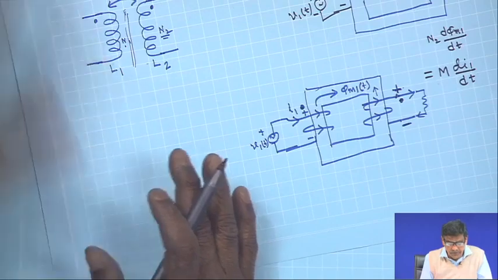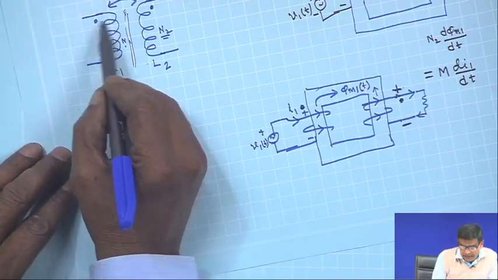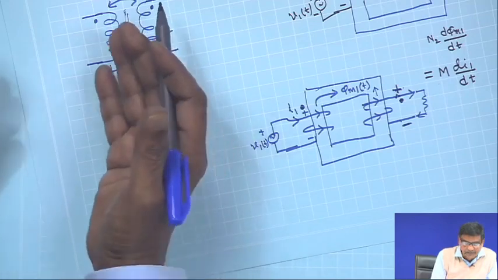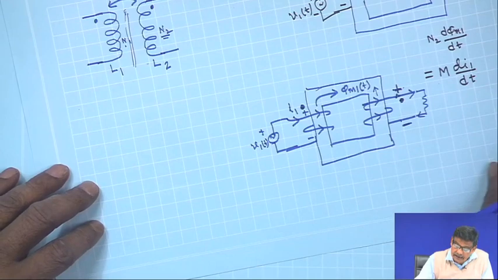From this diagram you cannot find out the sense of the winding. Anyway, dots are provided, I am happy with that.